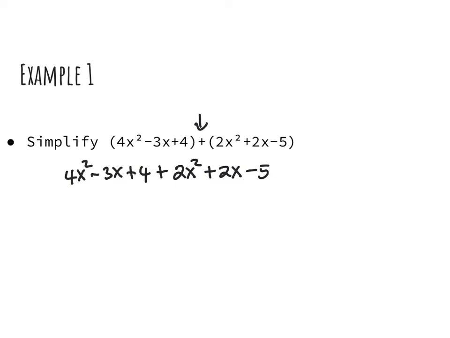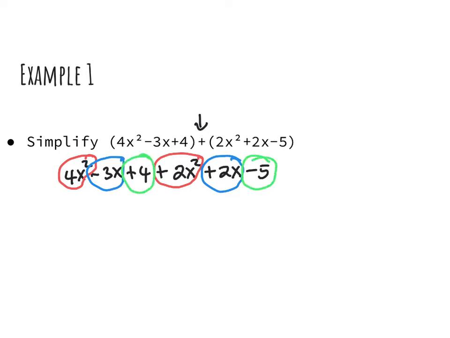Combining like terms, we can combine the 4x to the second and the positive 2x to the second. The negative 3x and the positive 2x are like terms, and the positive 4 and the negative 5 are like terms. 4x to the second plus 2x to the second gives us 6x to the second.